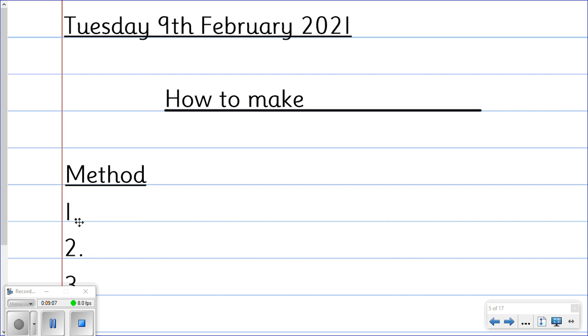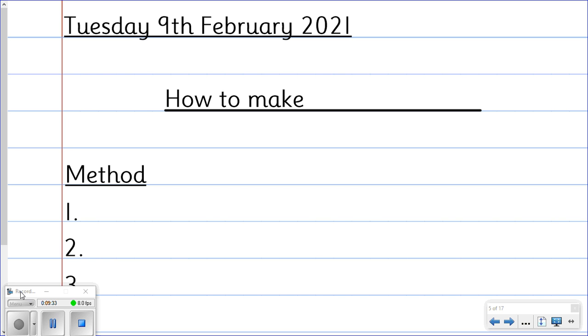So don't write a new number until you're ready to write the next instruction. Another thing I might do is leave a line between my instructions, just to make my instructions easy to read, so they're not all squished together. So think about the layout, and then you're going to think about your method.